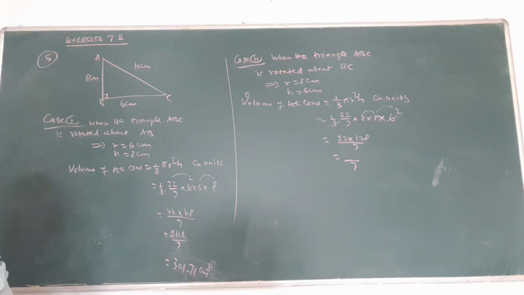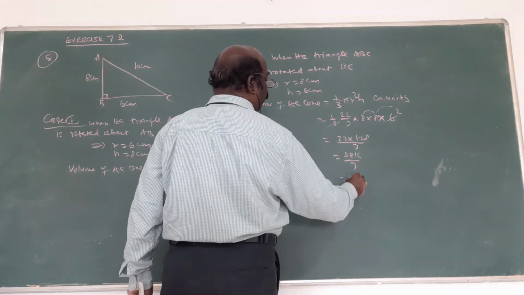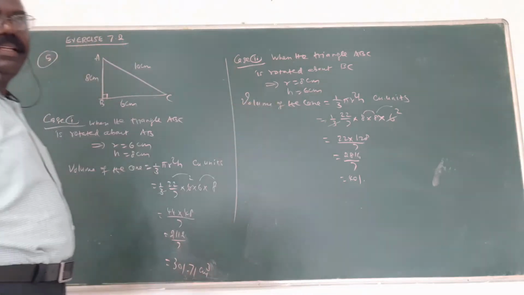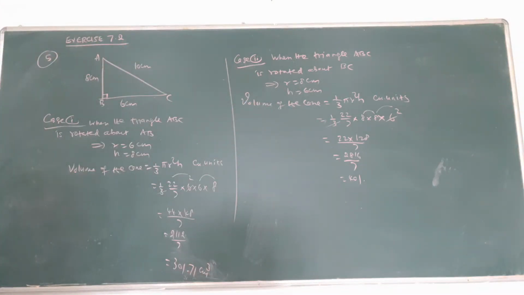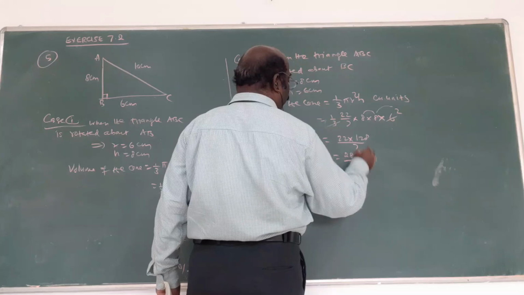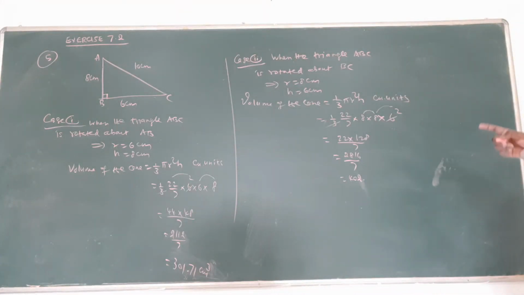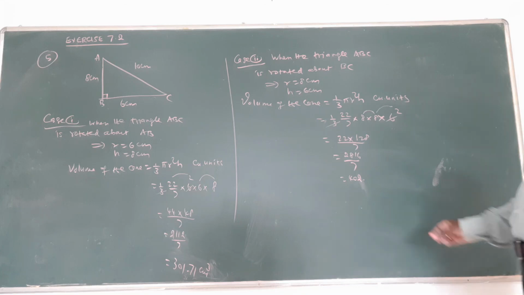We get the answer 2816 by 7, which gives 402.29. Therefore divide yourself, 2816 divided by 7, and you get 402.29.